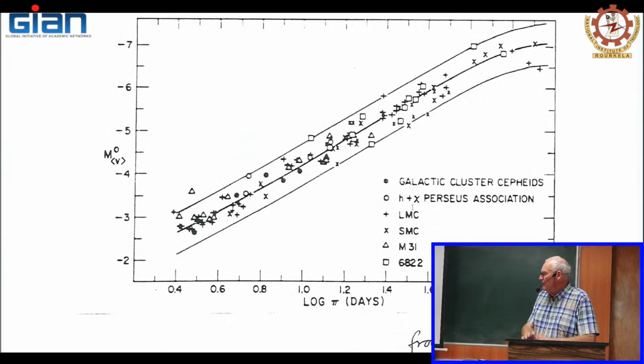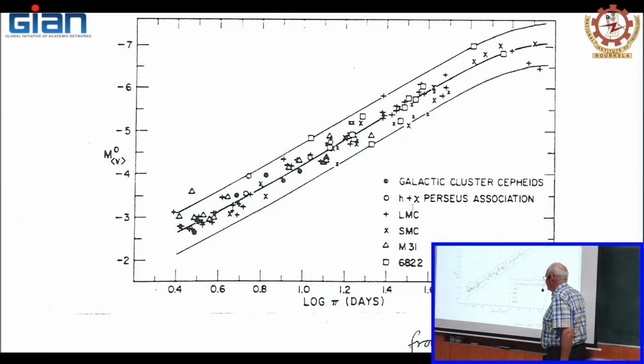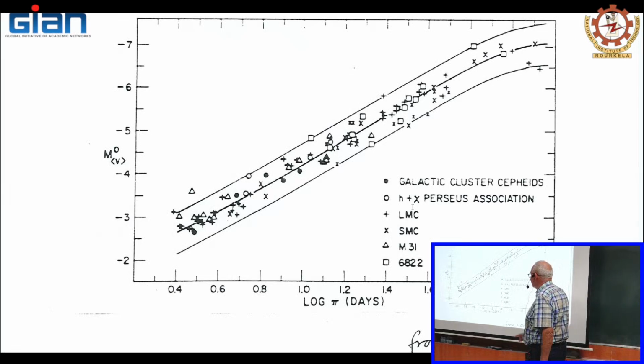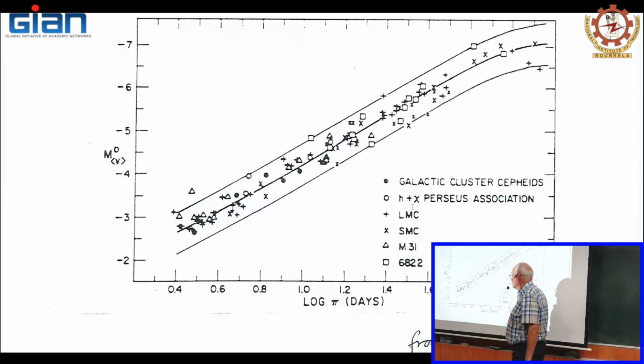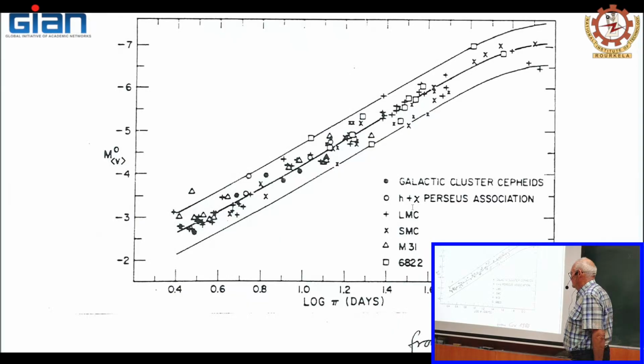This is the experimental relation between the visual magnitude and the logarithm of the period in days. And you see it is linear in these variables. There seems to be a linear relation between the absolute visual magnitude and the period in days.